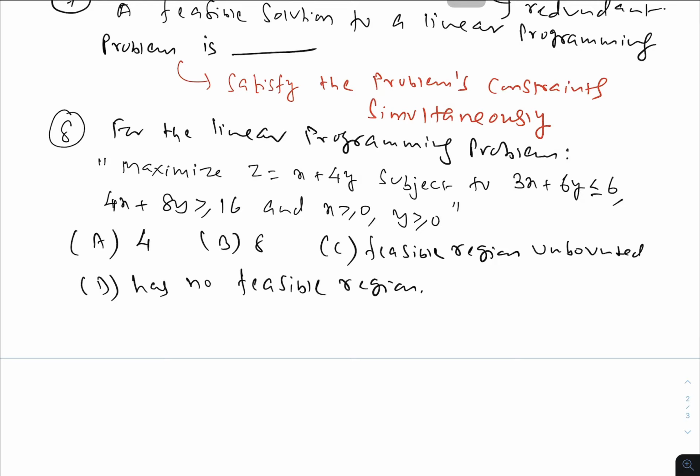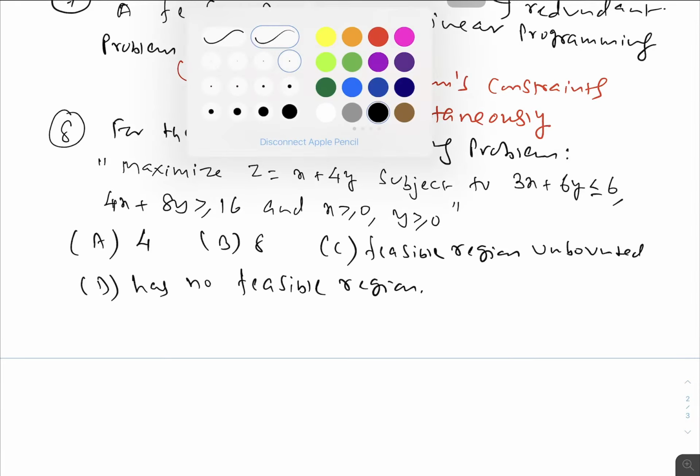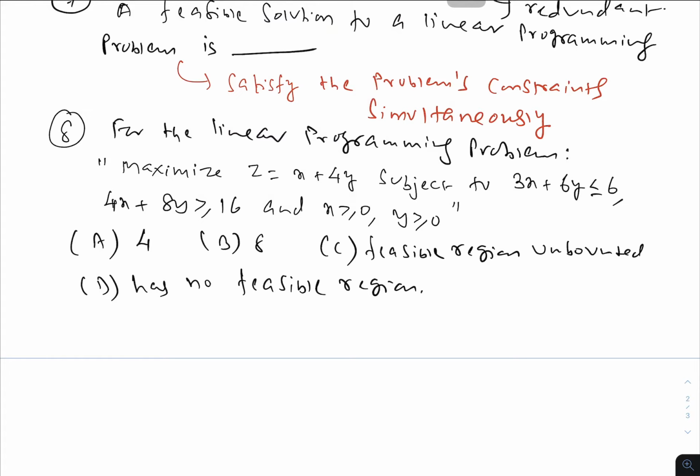Now see here that you are having two constraints. One is 3x plus 6y less than or equal to 6. Can we write this as x plus 2y less than or equal to 2?